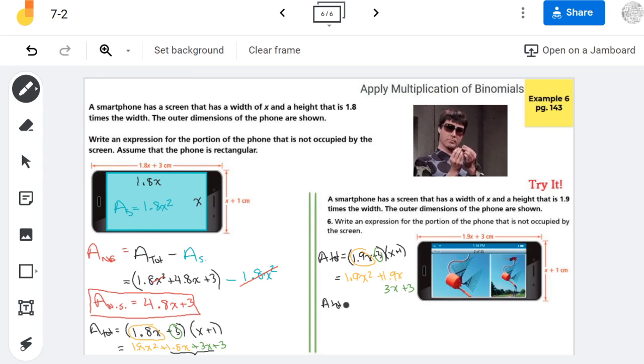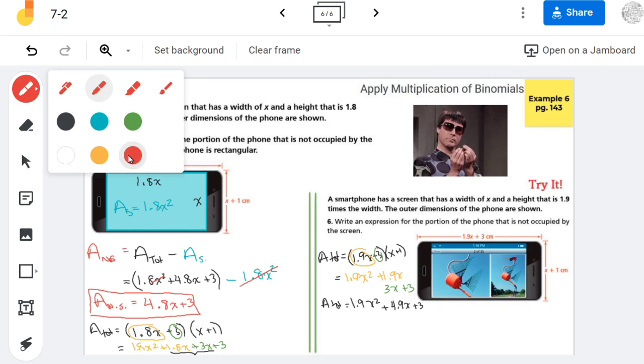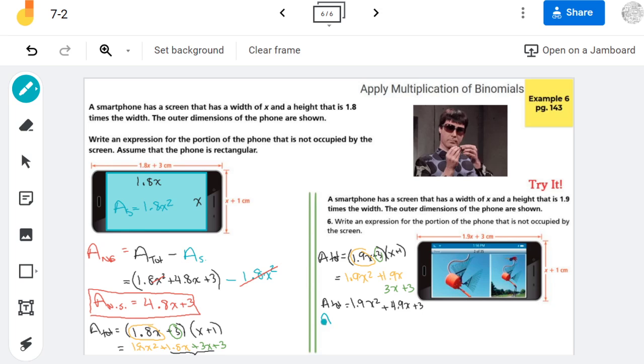So my total area is 1.9x squared plus 4.9x plus 3. And my area of my screen is going to be my width times my height. So my width is x, and my height is 1.9x. So the area of the screen is 1.9x squared.